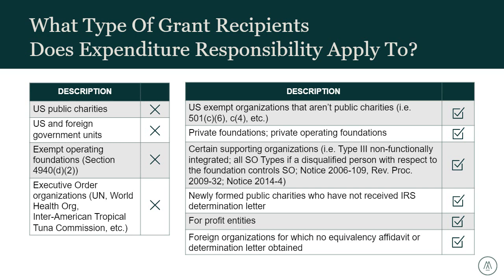And then over here on the right, we have organizations, which I've touched on before, for which expenditure responsibility does need to be done. One that may not always be thought of would be newly formed public charities who haven't received their IRS determination letter.